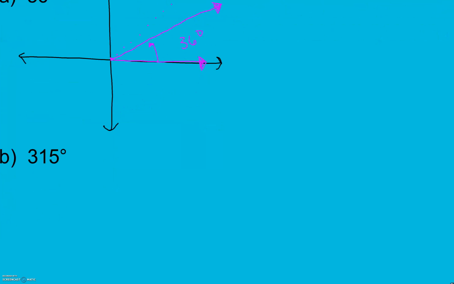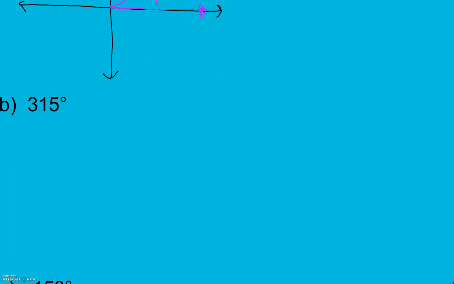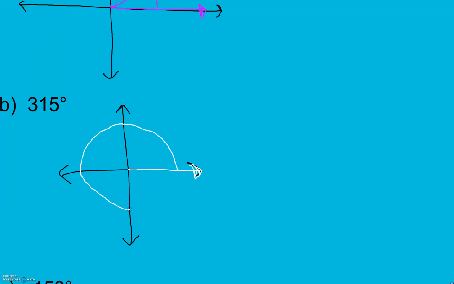Okay, 315. Again, sketches don't have to be perfect. I'm going to start on the initial side. I'm going to go 90, 180, 270, and then I still have to go an additional 45, which means I'm going to split this right in half, about there.